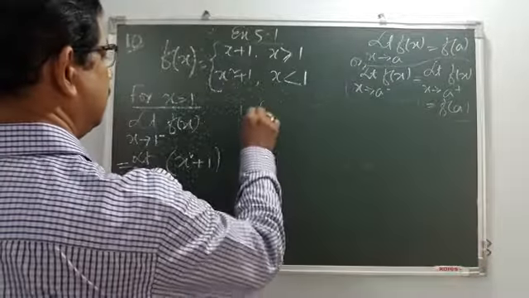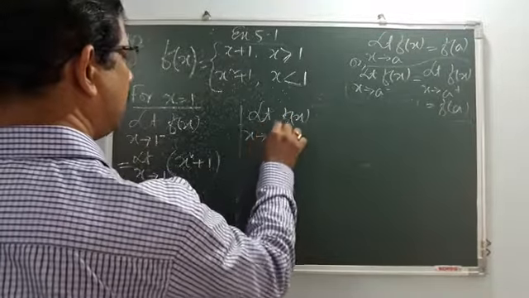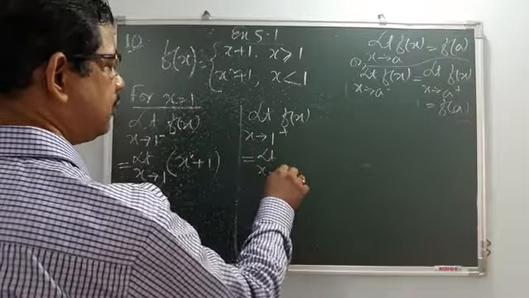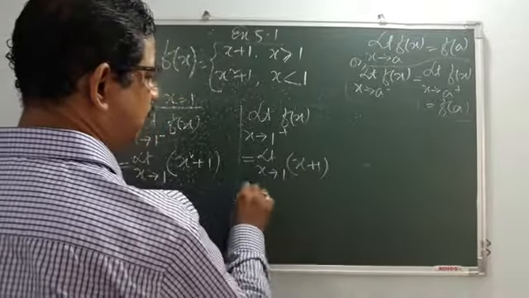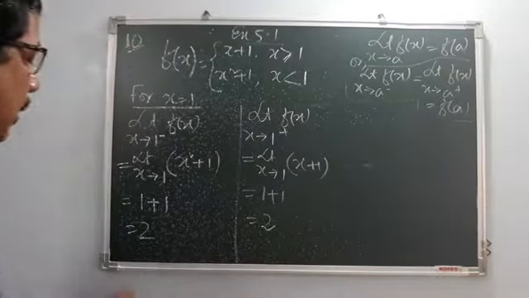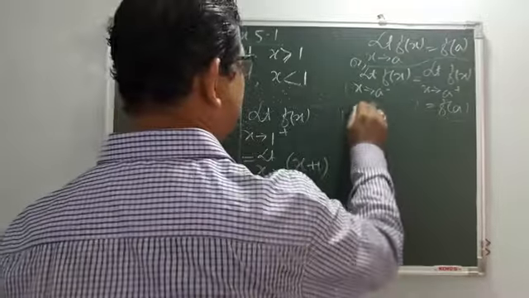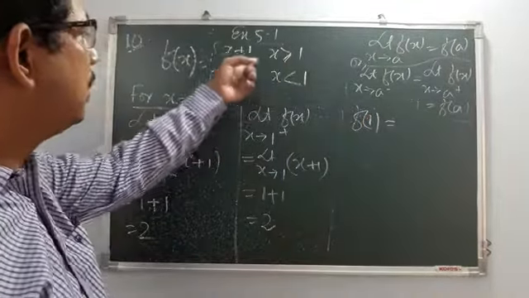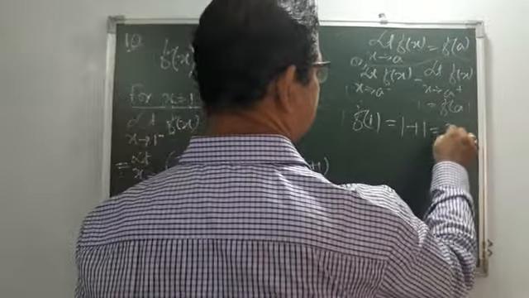Right hand limit, that is limit of f(x) as x tends to 1 plus, a little greater than 1. If it is greater than 1, then the value of f(x) is x plus 1. So we are getting 1 plus 1, that is 2 only. So LHL and RHL give the same value. For f(1), if we put x equals 1, automatically we will consider this line, so it is 1 plus 1, that is 2.